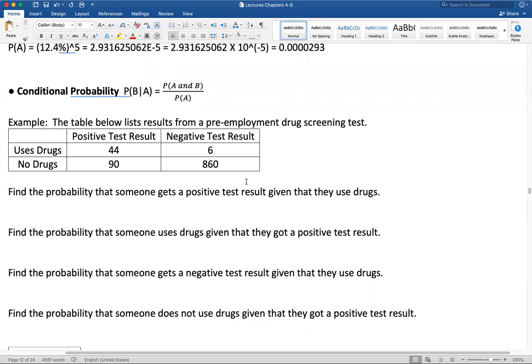I did go over complement in the last video, so I'm going to cover conditional probability today, and then we're going to solve some problems to recap what we have learned in 4.2 and 4.3.